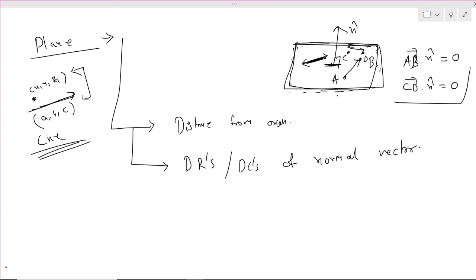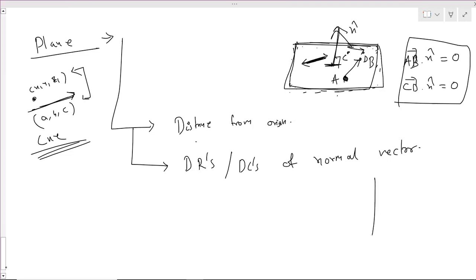This is the definition of plane. So for plane, you need any point and normal, or distance from origin and normal. All right. Normal is very important. Whenever finding the equation of plane, always remember to find the normal vector. Everything else will fall into place itself.